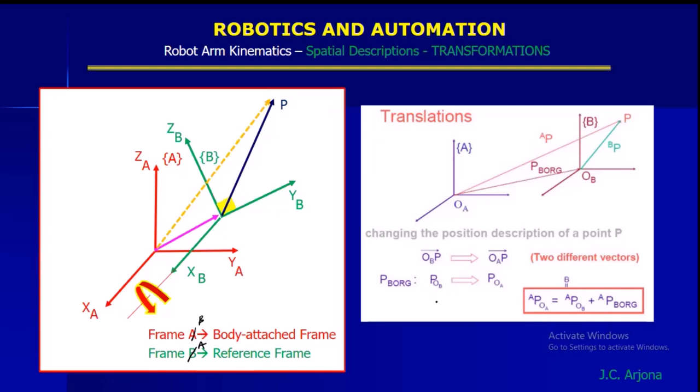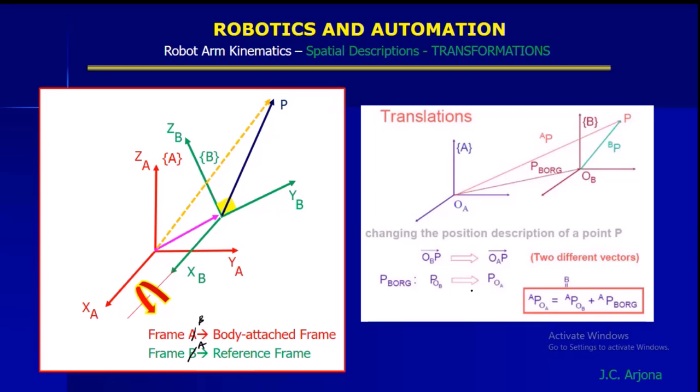Okay, and PBORG is the vector towards the origin B or towards the origin A. So that's the PBORG.